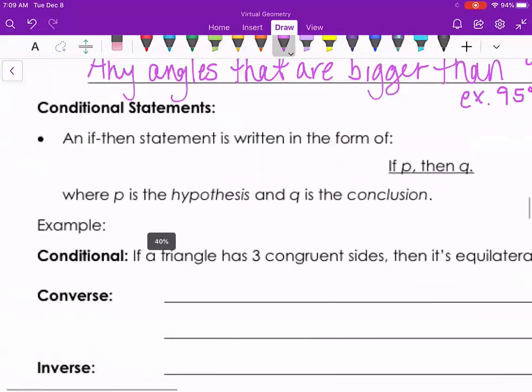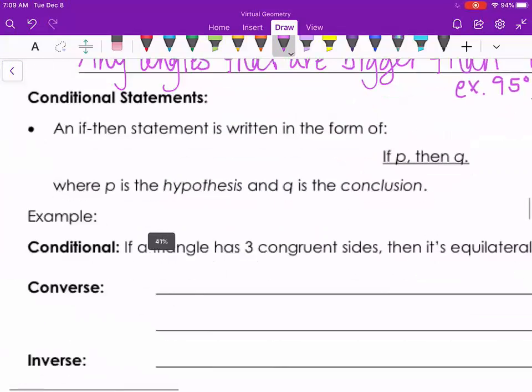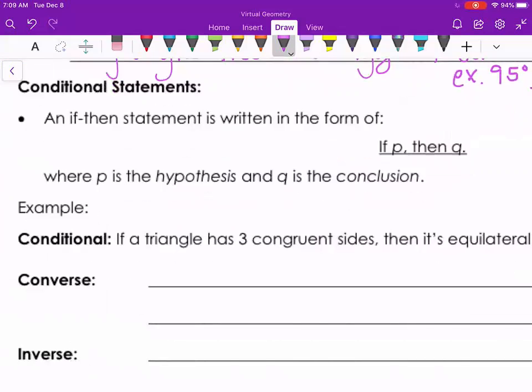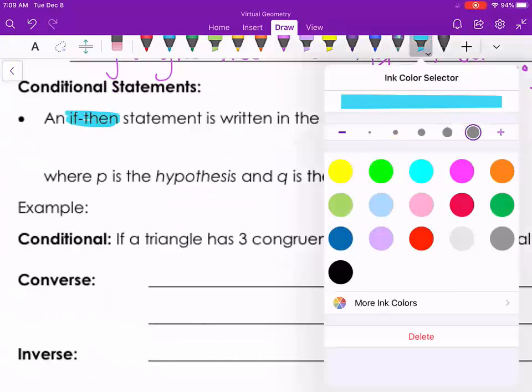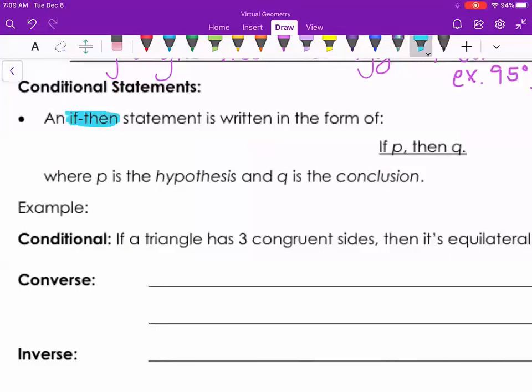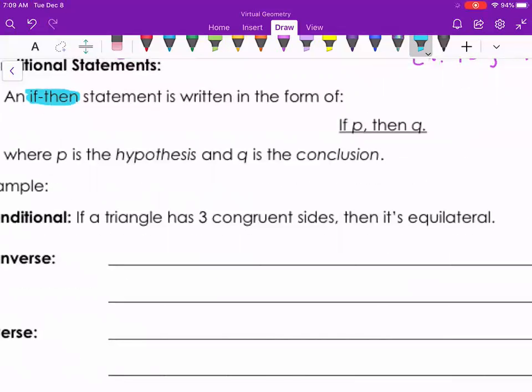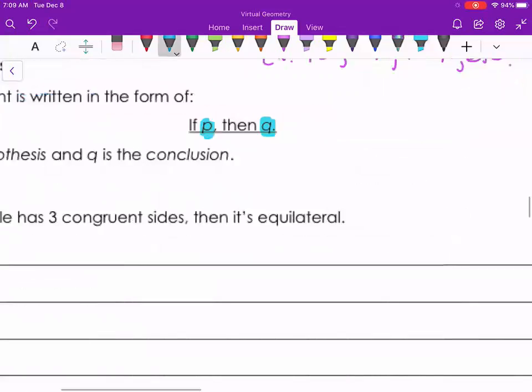All right. From there, we wrote out what were called our conditional statements. And remember, this is a statement that is in the setup of if, then. Oops, sorry, that's a little small. There we go. An if, then statement. Now remember that we had the setup if P, then Q. So P and Q just represent different phrases.